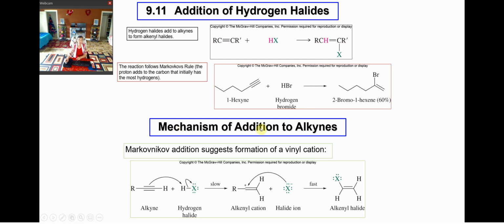The mechanism of addition of halides through hydrohalogenation is briefly shown over this part. So again, in your alkyne, the triple bond means more electron density. So that triple bond is going to be attracted to the proton from hydrogen halides. Therefore, this halogen becomes a negatively charged halide ion. So the proton bonds with the carbon of the triple bond, causing a carbocation formation.